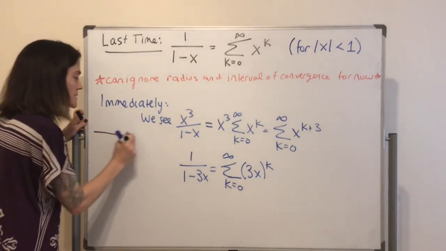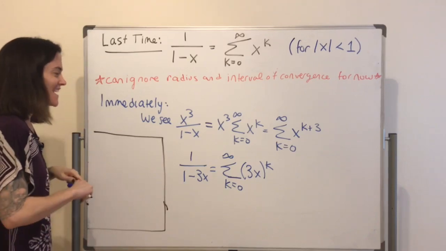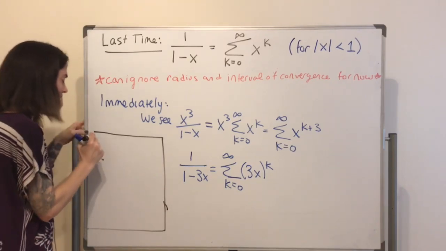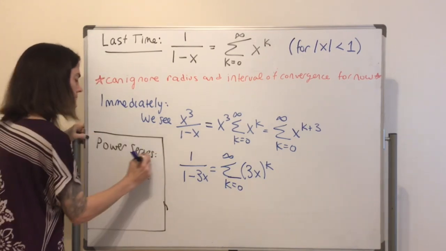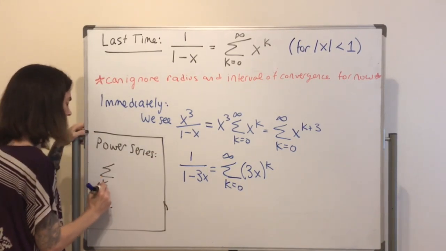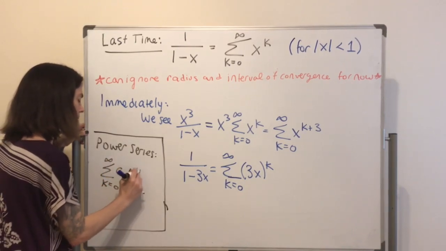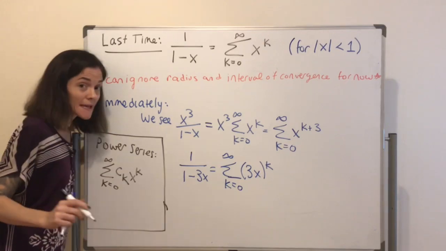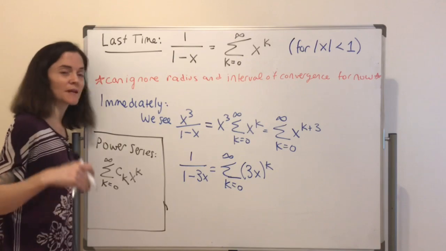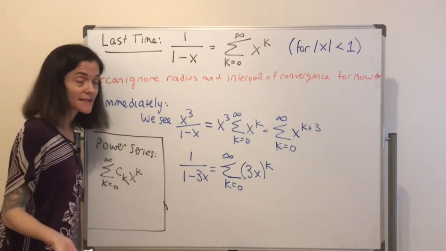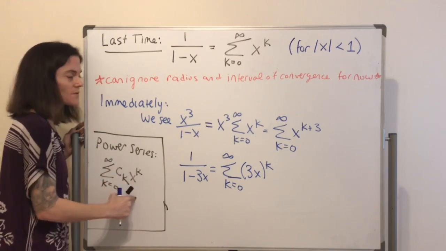If I make a little side box, what is a power series? Well, this I mentioned maybe 2 videos ago. It's a sum of c_k x to the k. Which means if you start with something like this, to get it in the form of a power series, you want to have coefficients times powers of x.